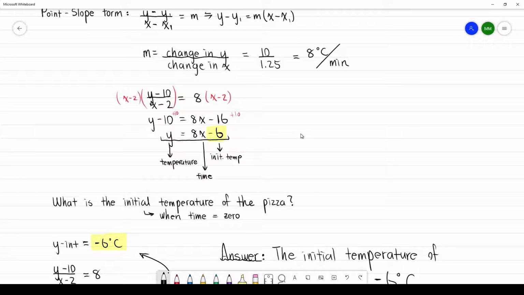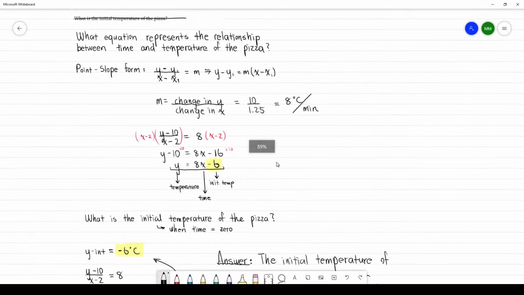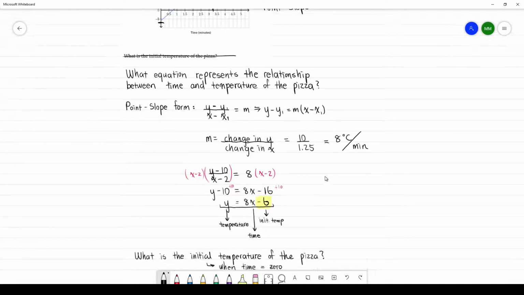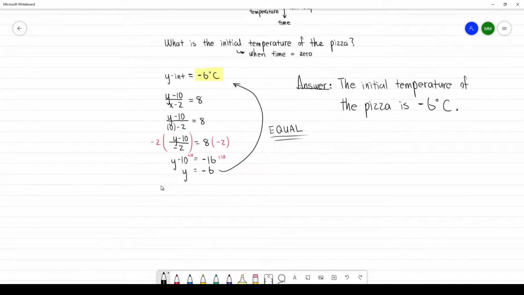And let's say, how long will it take for the pizza to reach 18 degrees Celsius, let's say. So maybe let me do that one. That one might be a bit confusing.